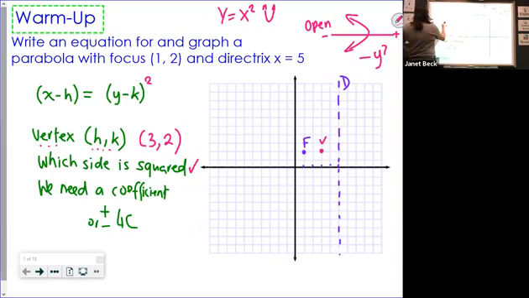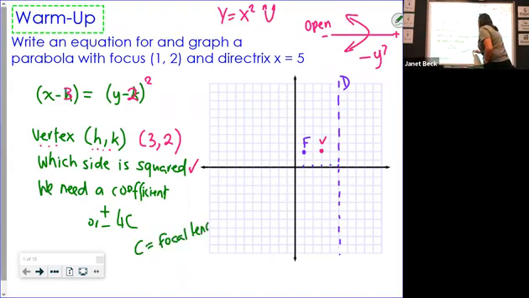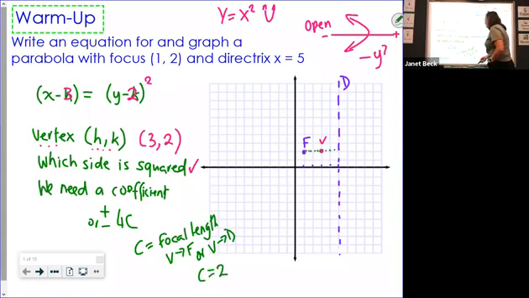So I know this is going to be x minus 3, y minus 2, and I do know 4c just by looking here. c is your focal length, which is the distance from the vertex to the focus or from the vertex to the directrix. And you can see there, that's 2. Our c equals 2, that's our focal length.